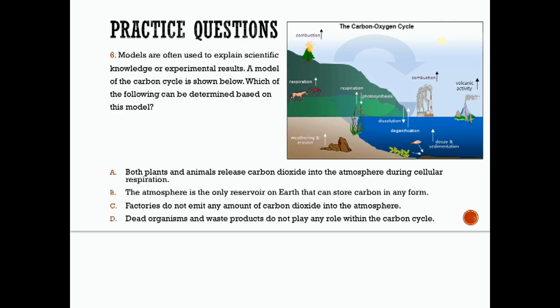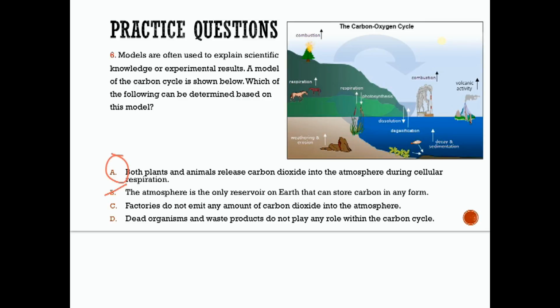So I'm going to go ahead and think that it's A, but let's go through the others just to make sure. Let's look at B. The atmosphere, which is up here, is the only reservoir on Earth that can store carbon in any form. Okay, but we're not just looking at the atmosphere in this model. We're looking at carbon in all sorts of places. So we can cross off B.